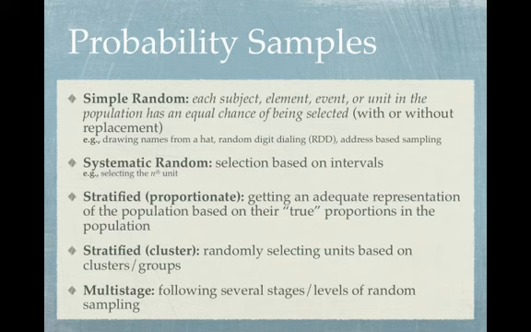Another type of random sampling is also concerned with giving somewhat equal opportunities for everyone to be in the sample, but this is based on equal intervals. So we select people based on equal intervals, meaning if we had a population of 10,000 people and we wanted to pick 1,000 respondents, 1,000 participants, then we probably should pick the 10th person.